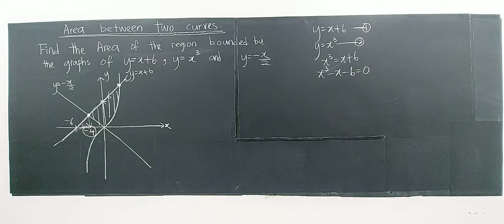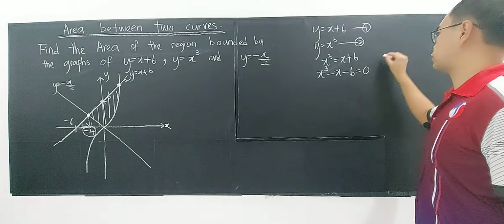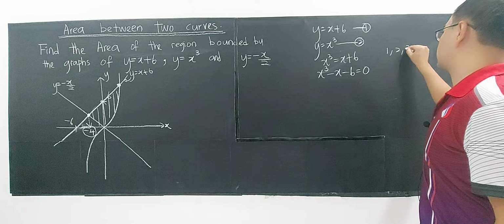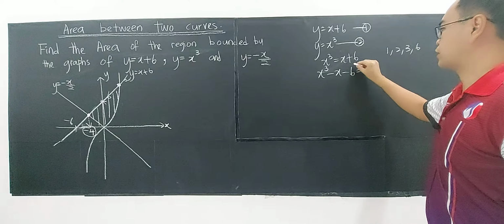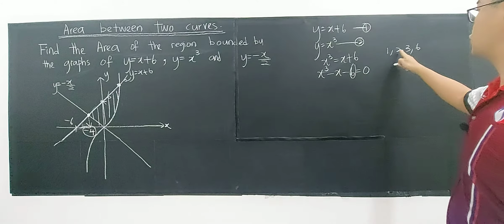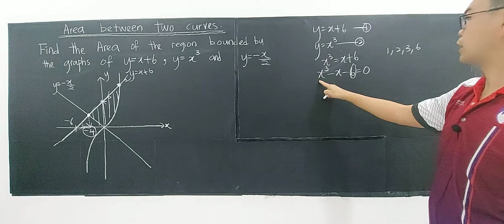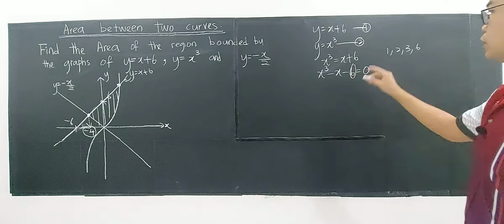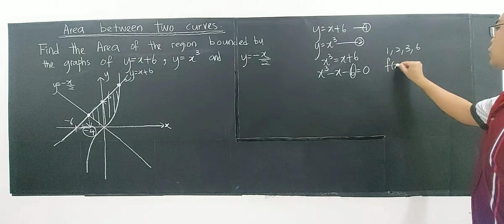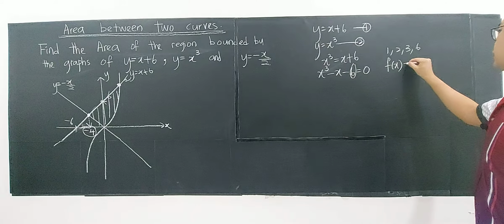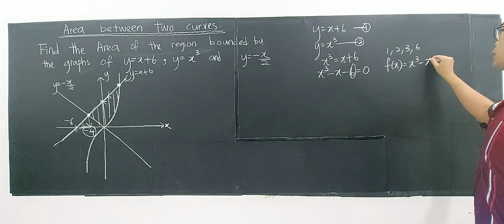We can try the factors of 6, which are 1, 2, 3 and 6. If we put in the value of 2, we get 0. Assume f(x) equals x cubed minus x minus 6.